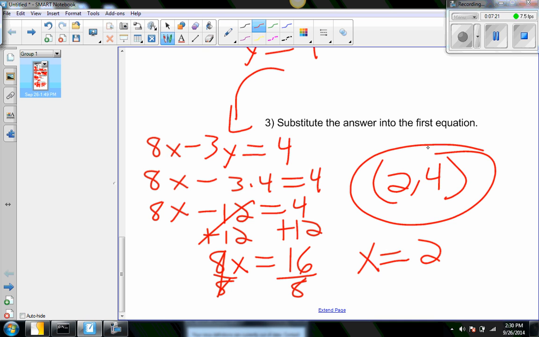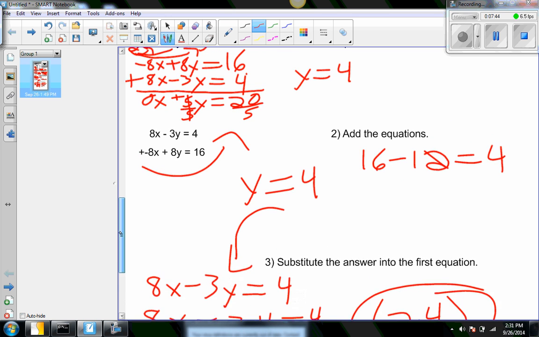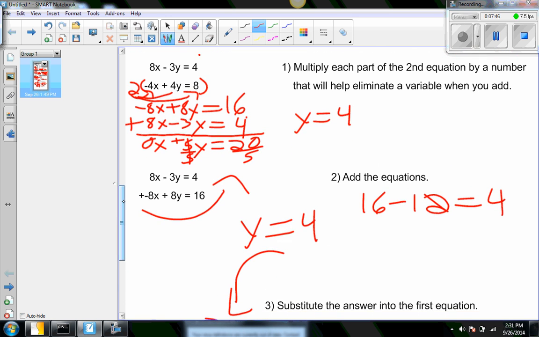And again, if you want to check it, go back up here. If you plug 2 in here and 4 in here, what happens? 8 times 2 is 16. 3 times 4 is 12, so 16 minus 12 equals 4. That one worked. Plug it in here. Actually, let's go back up to what it was before I changed it. So negative 4x.